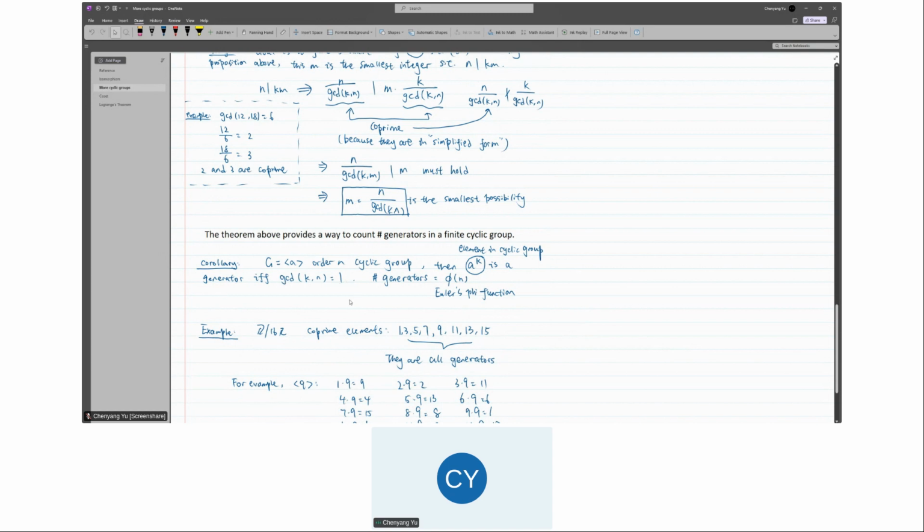I think we worked this out last week for Z_n. We followed the Euler phi function and proved this in Z_n. And right now we are showing this result can be generalized to this one.